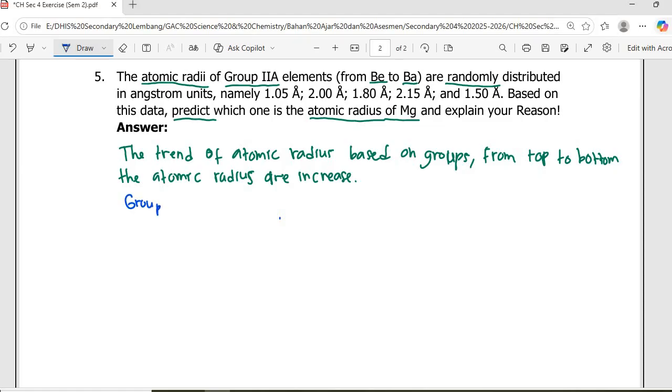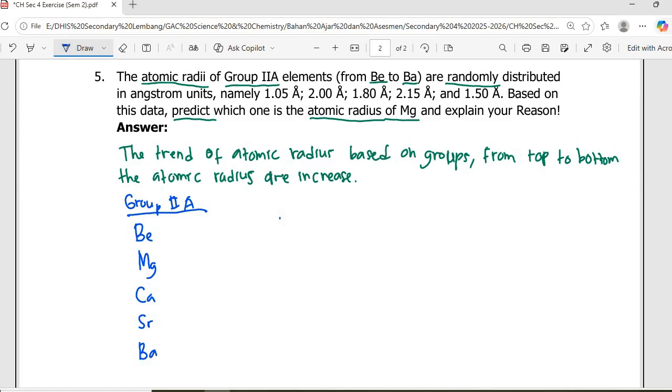So in group 2A elements, we can order them starting from beryllium until barium. You can see this in the periodic table that will be provided in the exam. It starts from Be, then magnesium, calcium, strontium, and the last is barium.